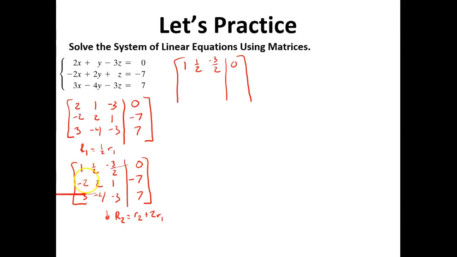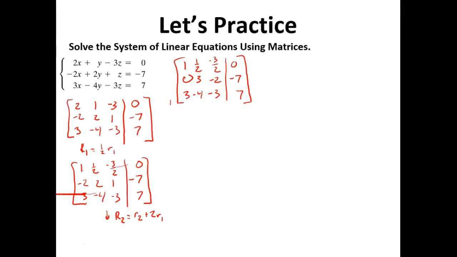Row 2, so this plus 2 of this is going to be 0. This plus 2 of this is going to be 3. This plus 2 of this is going to be -2, and this plus 2 of this is going to be -7. Row 3 is not changing at all, so that's just going to stay the same like that.